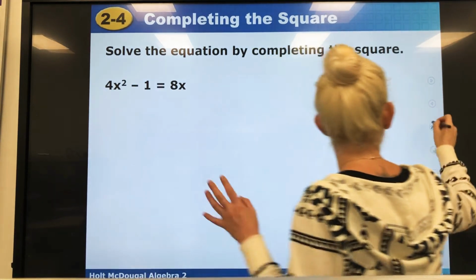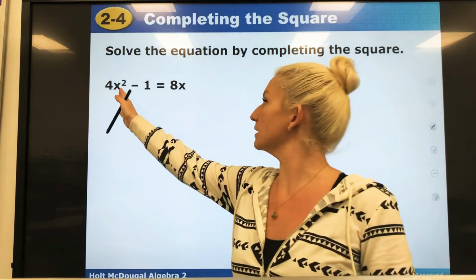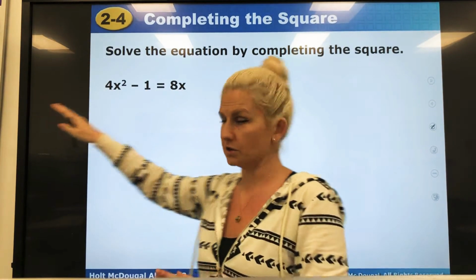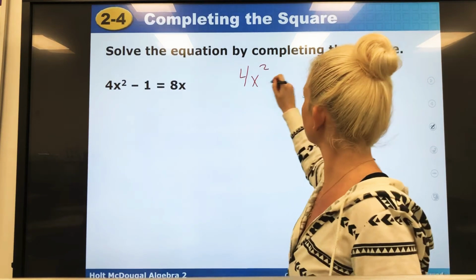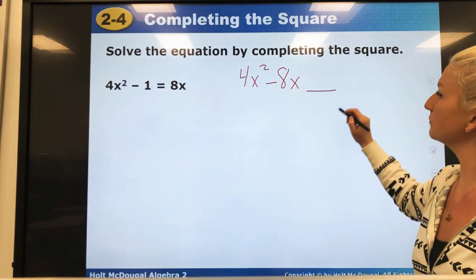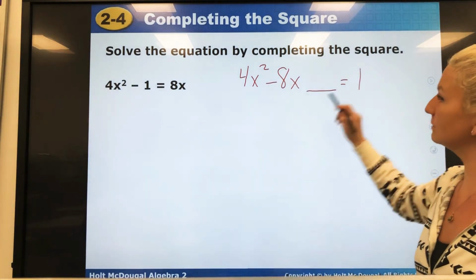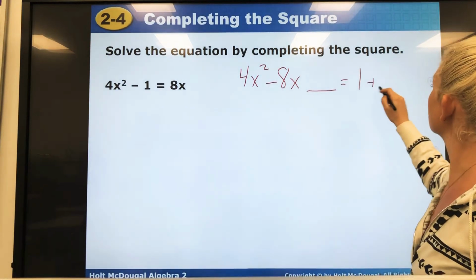So here's where that little extra step is going to come in. We're going to start as usual. I'm going to get all my variables to one side, right? So I have 4x squared, and I'm moving that over here, negative 8x, equals positive 1, because I want the 1 on the right side, plus whatever I add.